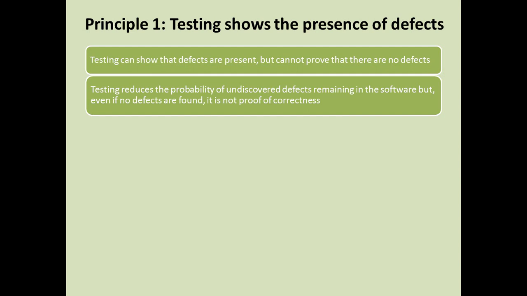So once you start testing, you find more and more defects, and in the later phases of the testing cycle, you start finding very few defects because you have almost discovered most of the obvious defects. But still, it is not proof of correctness that your software is completely correct and defect free.